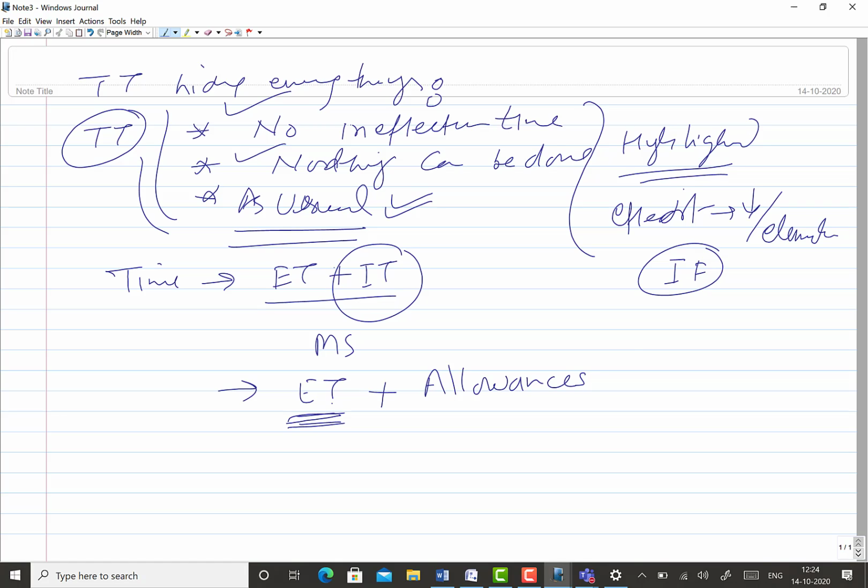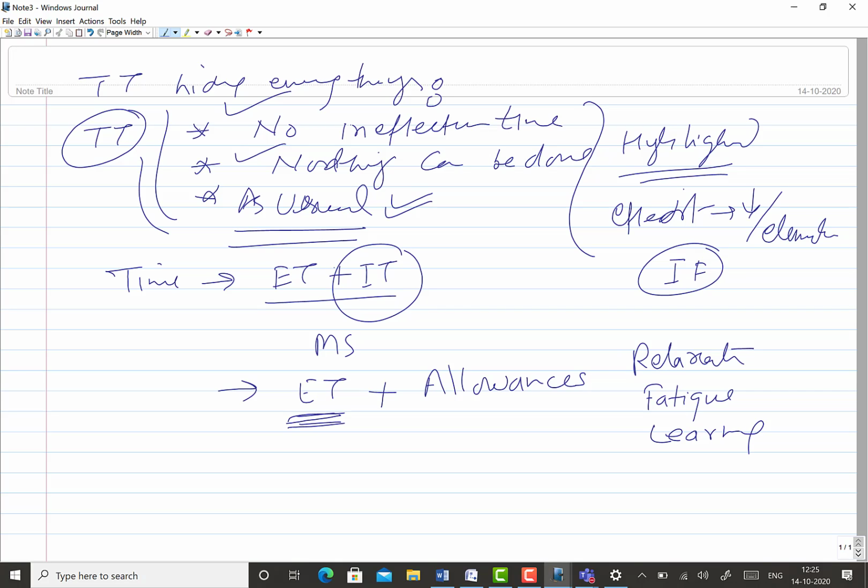allowances. These allowances are like some time is needed for relaxation. As per, like, after every 4 hours some time has to be given. It is like 5% of the total work duration. Then for those heavy jobs, the fatigue allowance is given. If there is a new person coming in a job, or the job has been changed, then there can be learning allowance.